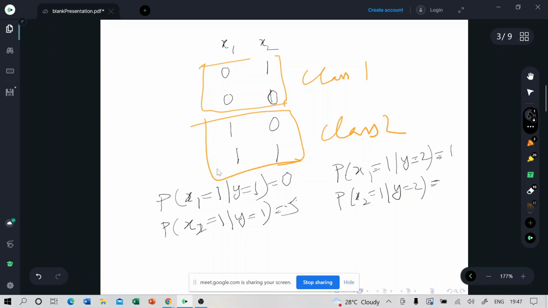To determine this theta, we calculate the fraction of examples for which the feature is 1.